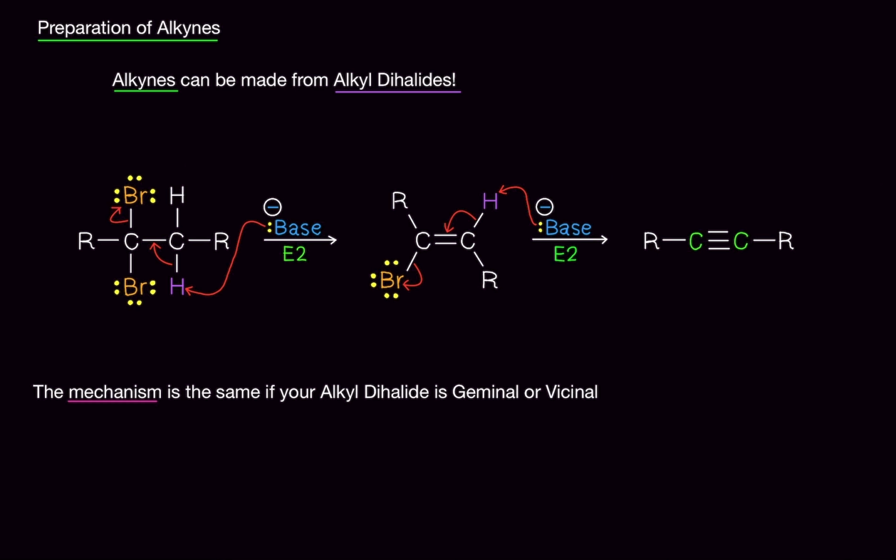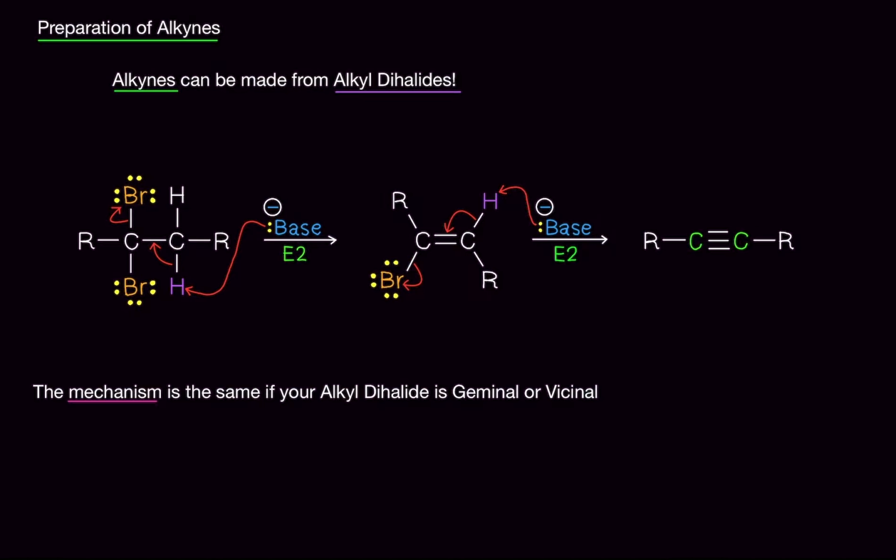Preparation of alkynes. Alkynes can be made from alkyl dihalides. So you need an alkane with 2 halides on it to turn it into an alkyne. So what's going to happen is the first time you use a base, it's going to create an alkene. And then the second time you use a base, it's going to create an alkyne. Alkene and an alkyne.